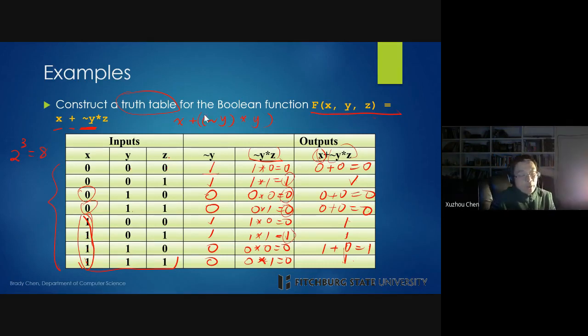When people see the parentheses, they always calculate the expression inside the parentheses first, and then do the operations outside.